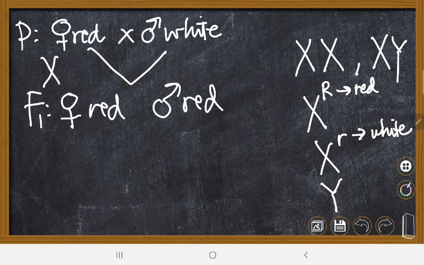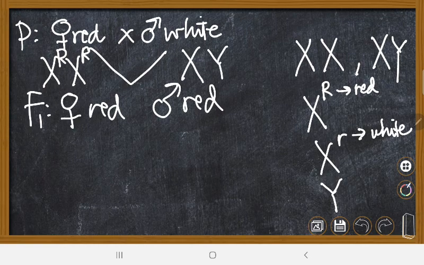This implies that this female is homozygous for red eyes, so that the genotype is X big R, X big R. Okay? The male, on the other hand, the male parent has white eyes. Remember, di ba? Male siya, so XY. Yung superscript naman niya dito would be the allele for white eyes, so X small r.